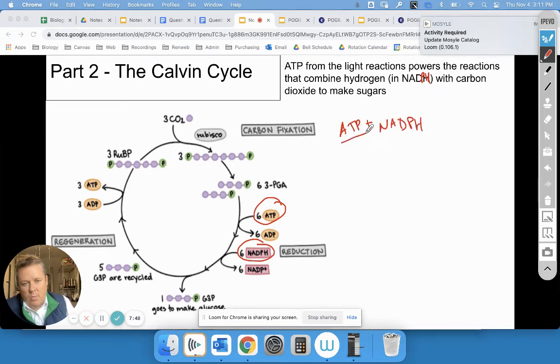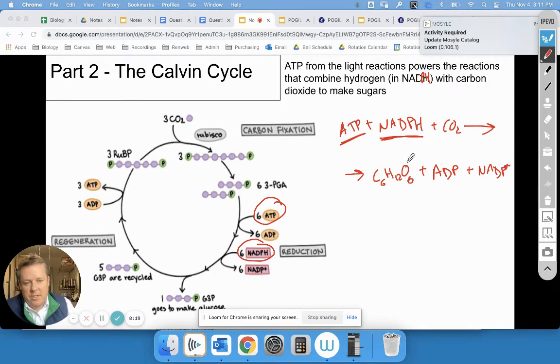Okay, so there's the molecule that does the work, there's the one that's holding on to the electrons and the hydrogen, plus CO2, right, is going to produce C6H12O6. Eventually, it actually turns out that it makes a 3-carbon carbohydrate first, and then it will make a bigger one, plus ADP plus NADP plus.